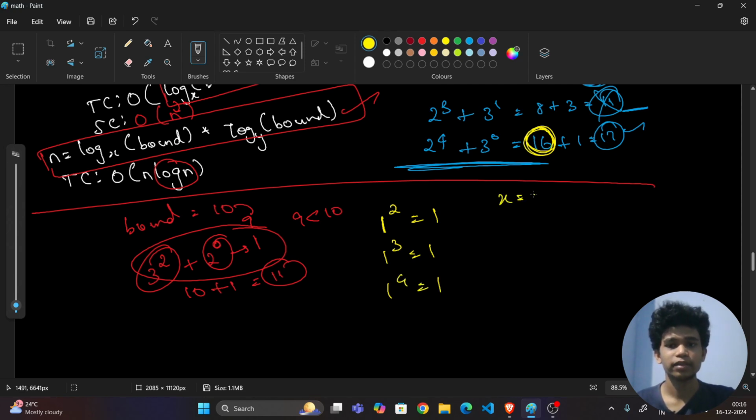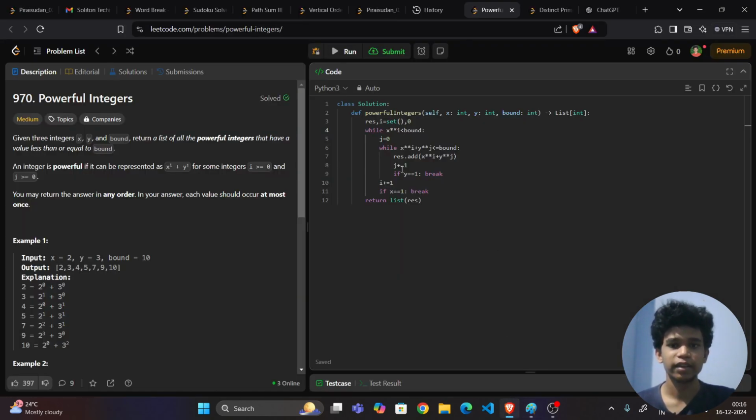So if I have x equal to 1 and y equal to 1, then I will always get the answer as 1 only. Right? There is only one number that can be formed. That's why whenever my y is 1, I will break and come out. Then I increment my i, and also whenever my x is 1, then also I will break it. Can you understand this?